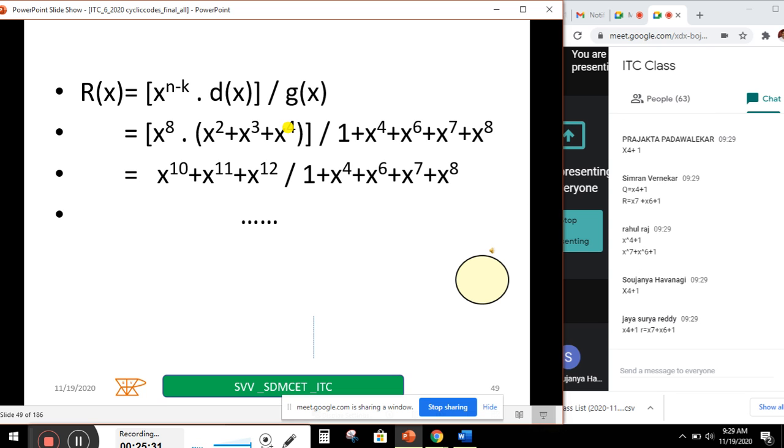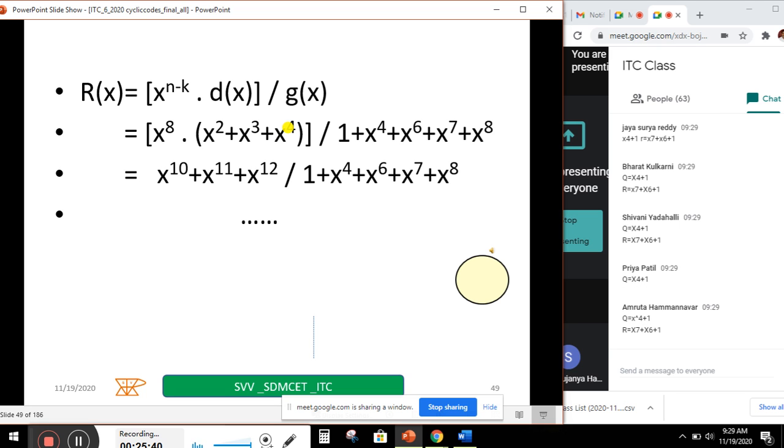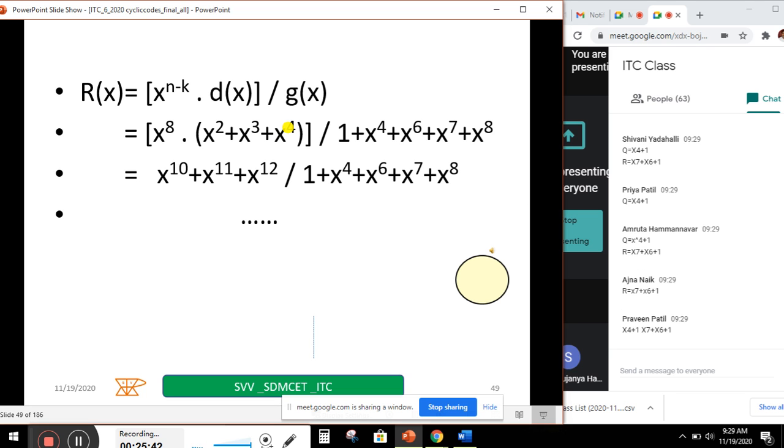Jay Surya, Bharat Kulkarni, Shivani, Priya Patil got the same answer. Praveen Patil, x4 plus 1, x raised to 7, x raised to 6 plus 1. I hope most of the students are getting the same answer.